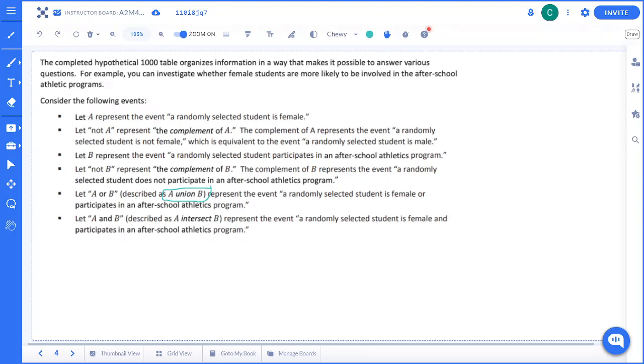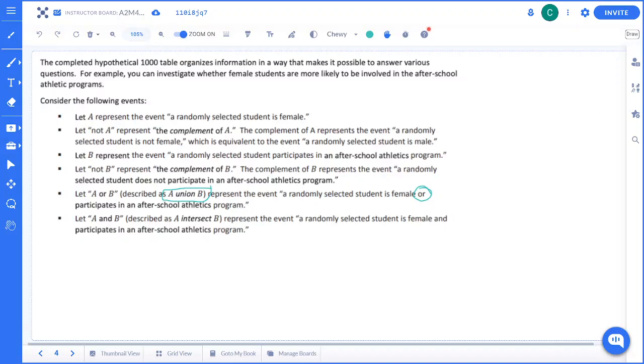Okay. A or B. That means it could be either, right? Represent a randomly selected student is female or participates in an after-school program. So they are either female or they participate in an after-school program.